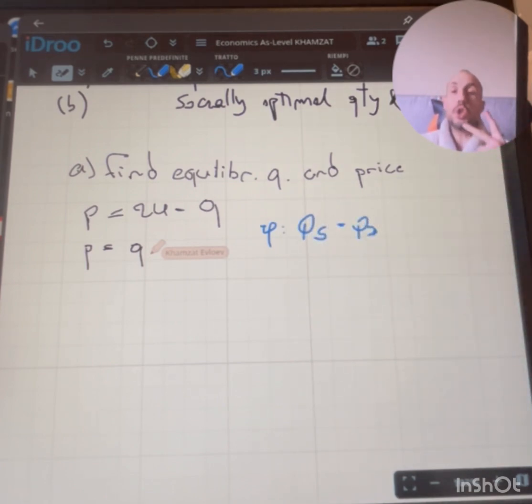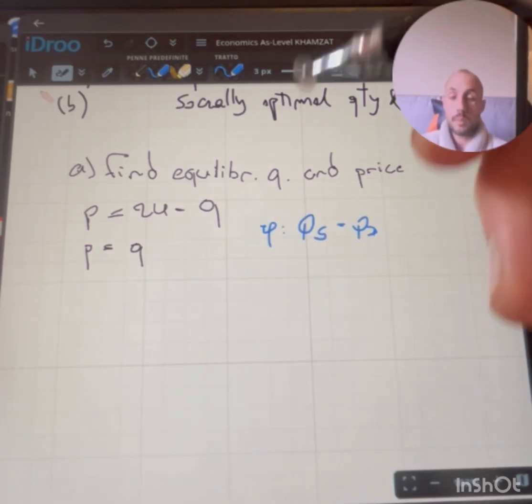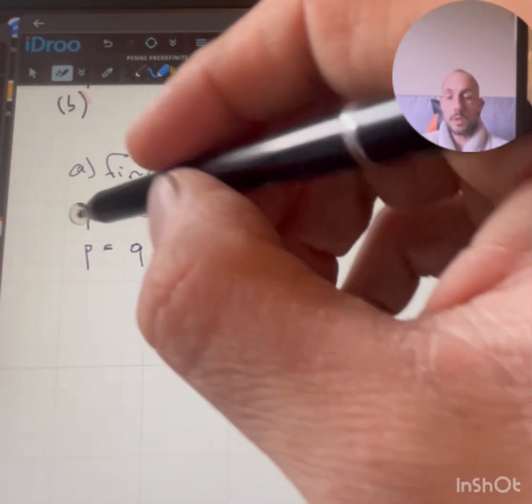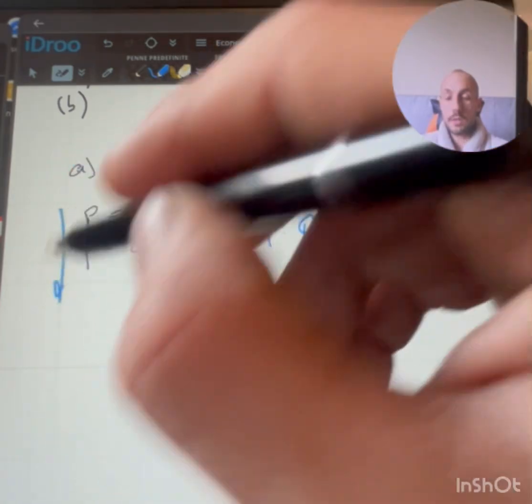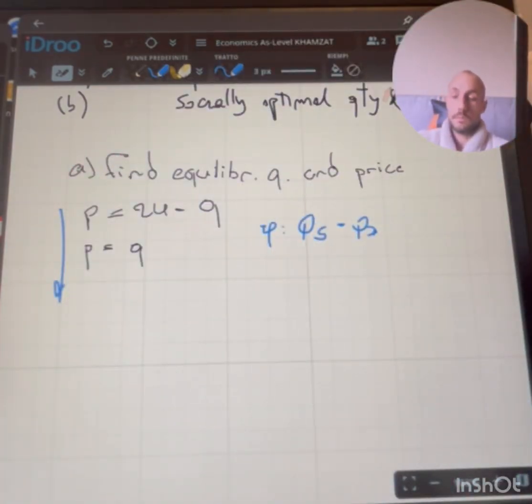But here we have two possible supplies, because we have the private marginal cost, which is the private supply, and the social supply. Which must be chosen? In the first case, of course, it's going to be the private one. So solve this, in which price equals quantity.